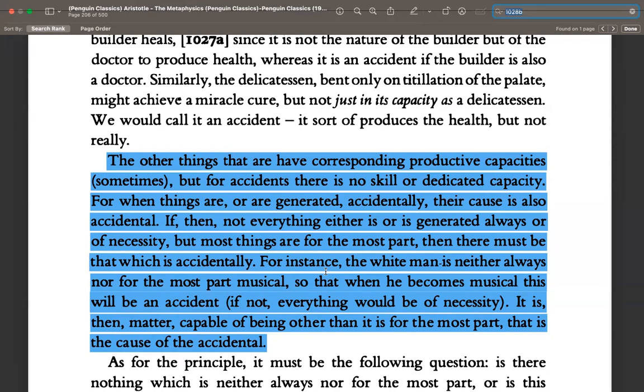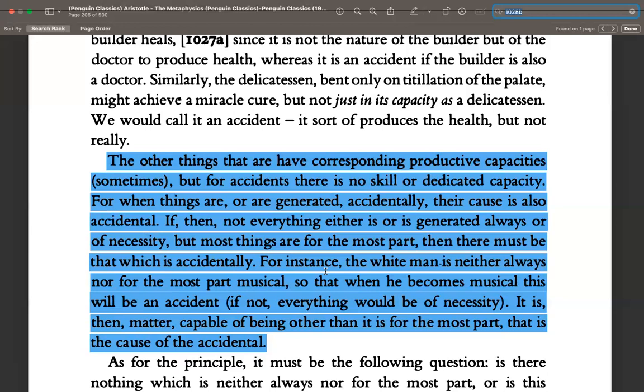Let's read this quote in front of you. The other things have corresponding productive capacities sometimes, but for accidents, there is no skill or dedicated capacity. For when things are or are generated accidentally, their cause is also accidental.